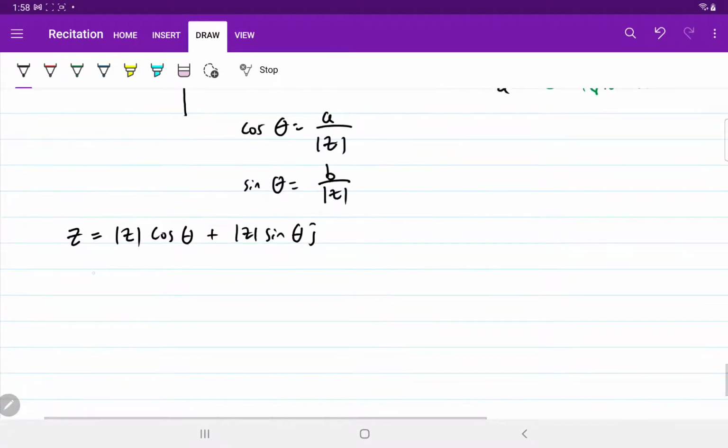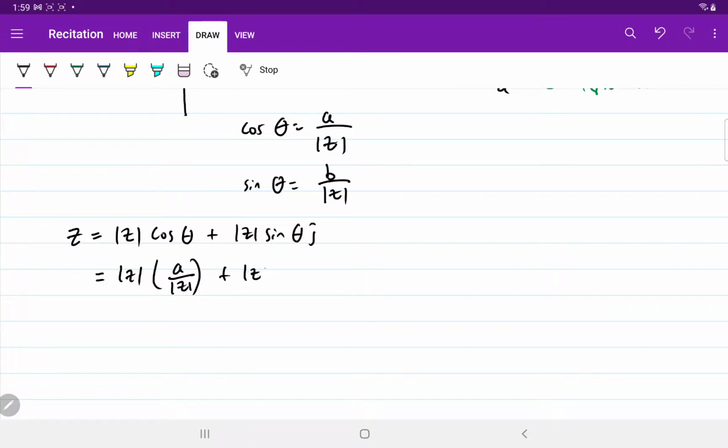Why? Because cos theta is a over the modulus and sin theta is b over the modulus, and since they cancel, we get our number a plus bj.